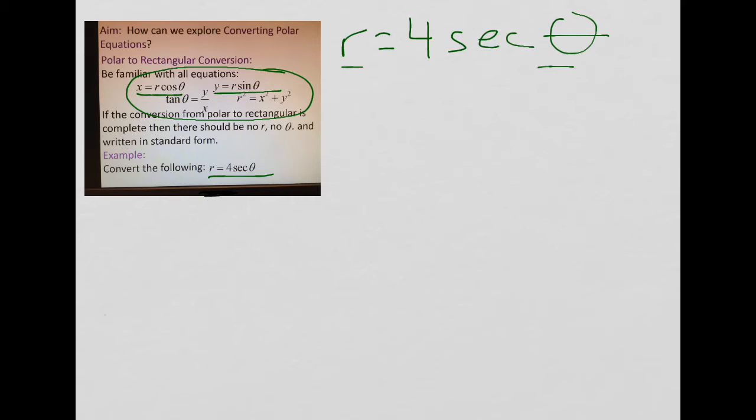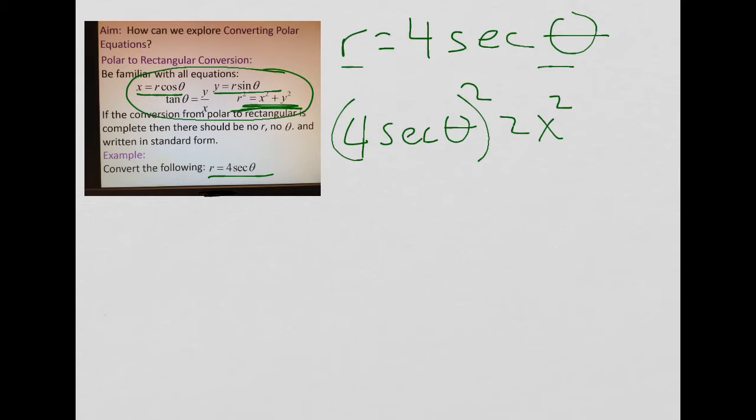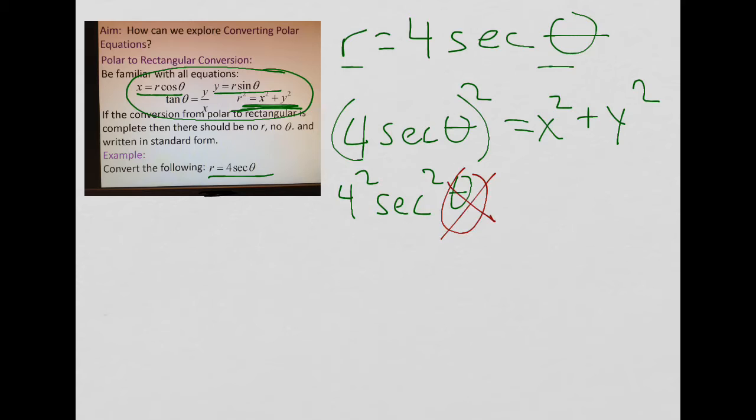If I try to use the other equations, let's say first this one, our circle, and I substituted 4 secant of theta and squared it, that's an equals. I wouldn't get anywhere because if I square this, I'm still not getting rid of that theta. This is a problem.